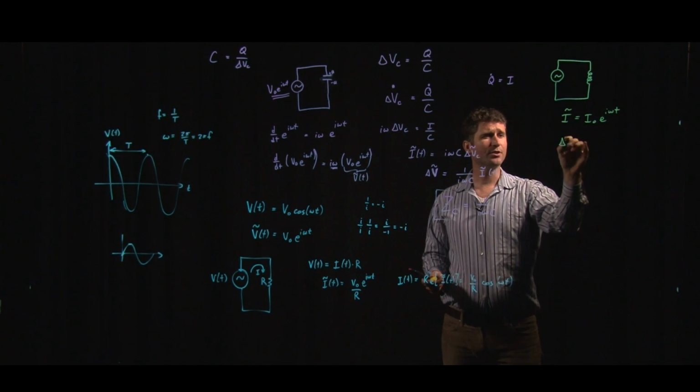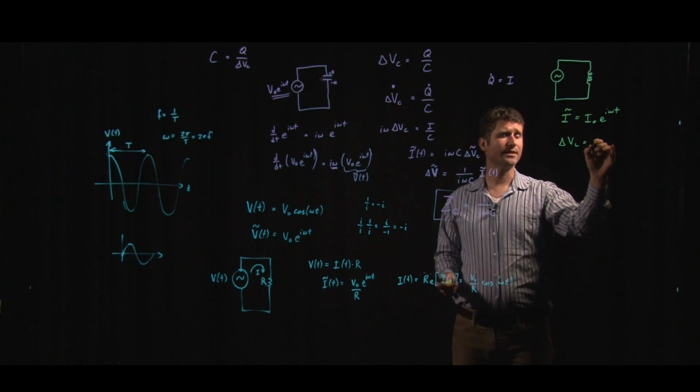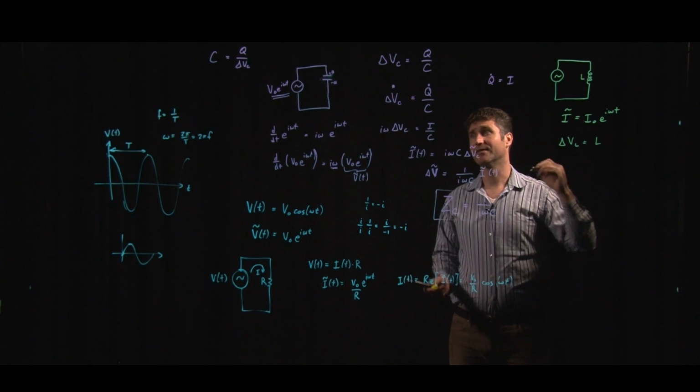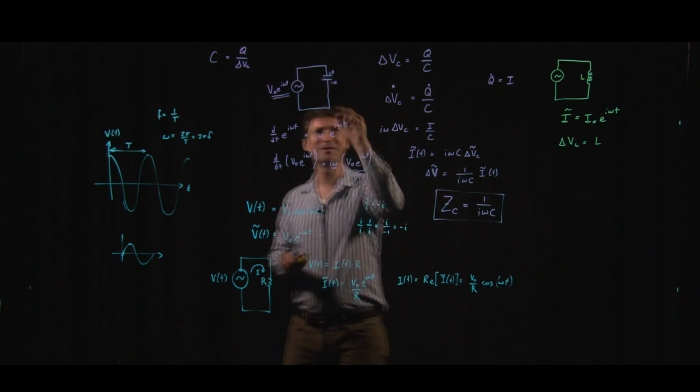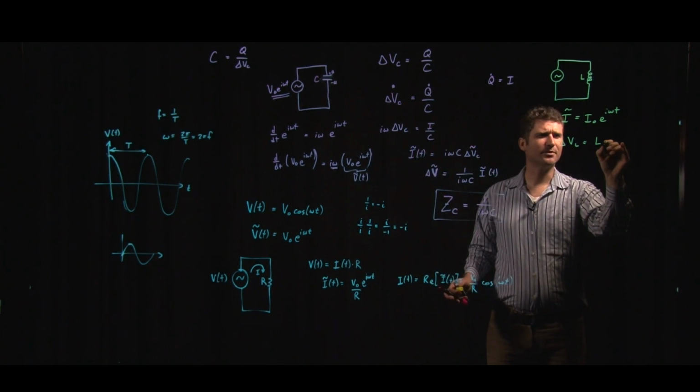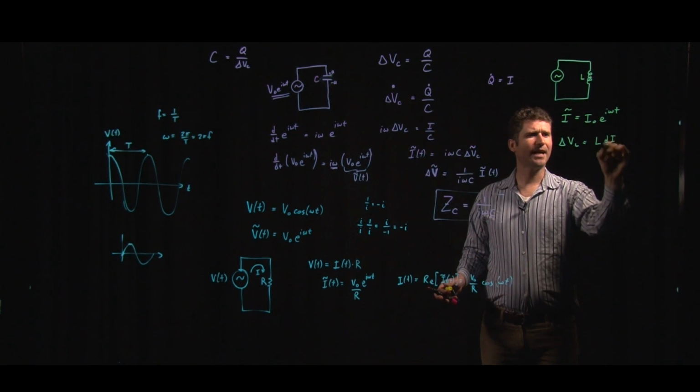And I know that the voltage drop across an inductor is equal to its inductance L, the inductance of this element here, times dI by dt.